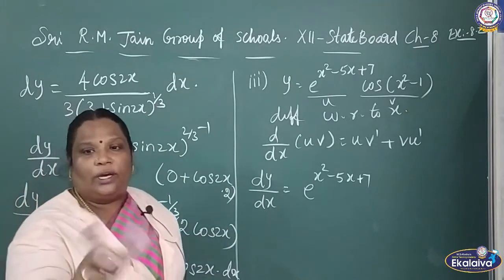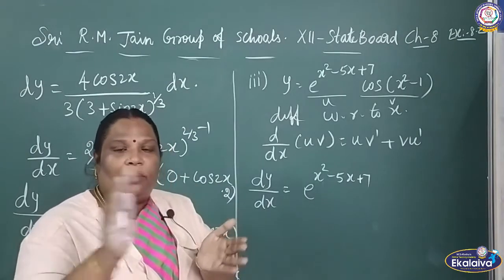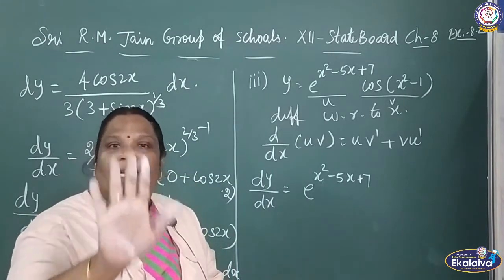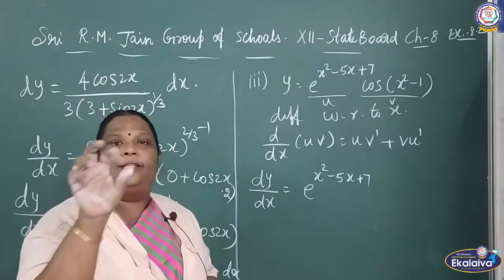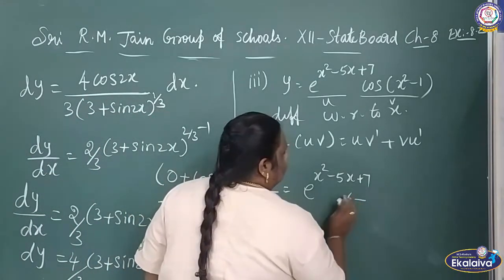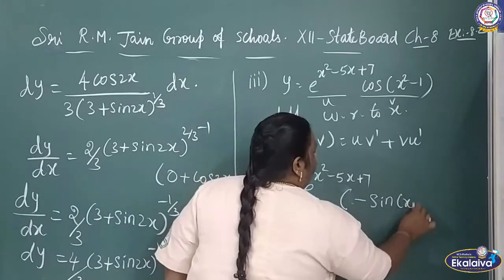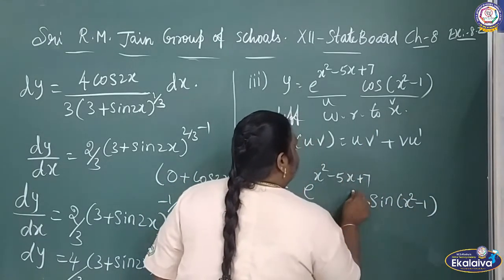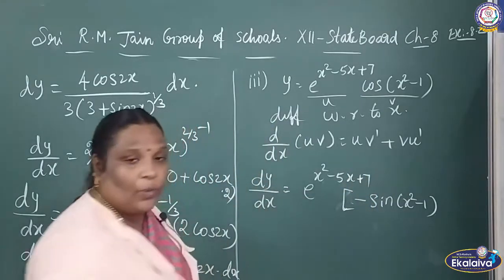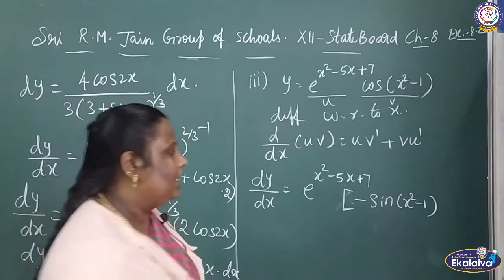So, two terms are there. First you will differentiate cos x, where the total term x square minus 1 you consider as x. Then you move on to the differentiation of x square minus 1. See here, minus sin of (x square minus 1), because the differentiation of cos x is minus sin x.